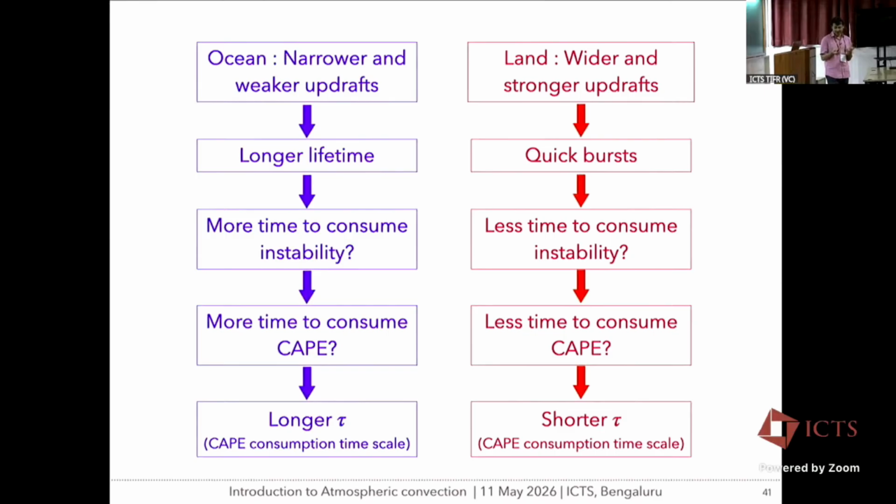So when I was doing this, I was more focusing on the duration, and I used this logic just as a background. Because I was more interested in how much time it takes to consume CAPE, I wasn't really paying attention, or not that concerned, with whether the plume is narrow or wider.